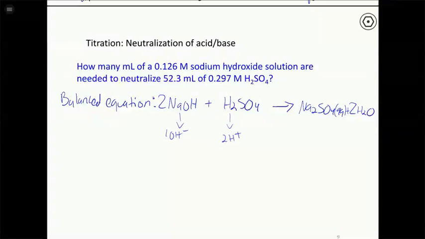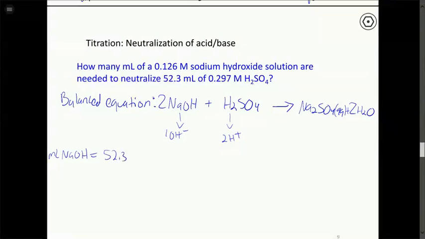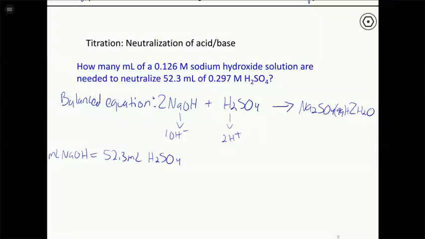Now we're just going to do a series of calculations to find out what the question is asking for. We're looking for how many milliliters of NaOH solution, and we can do this all in one string of steps if we so desire. We know that we're reacting this with 52.3 milliliters of the sulfuric acid solution. When we start the calculation for our titration problem, we're always going to start with the species where we know the volume and the molarity.